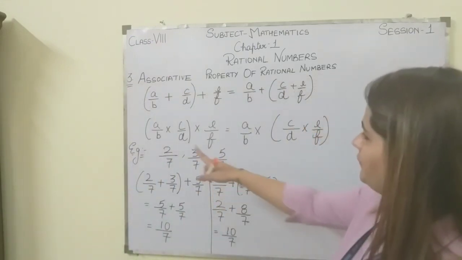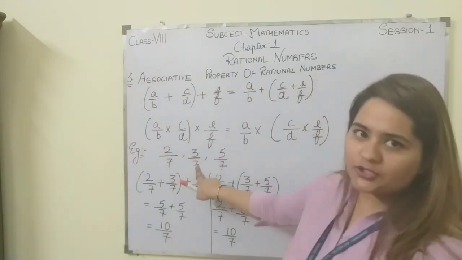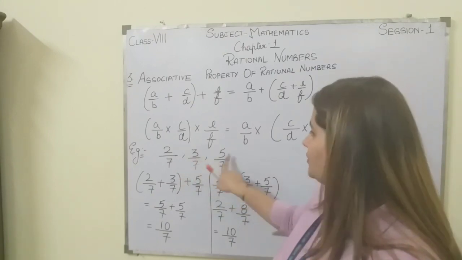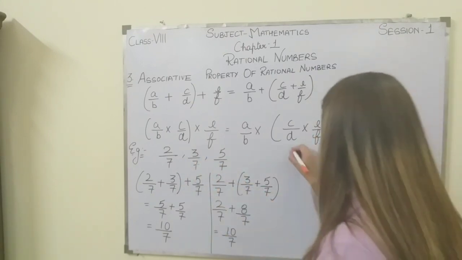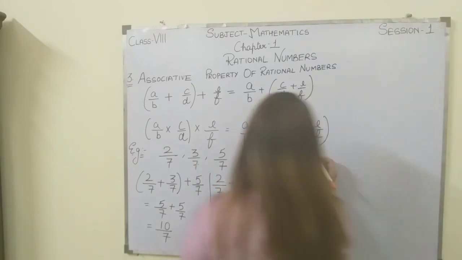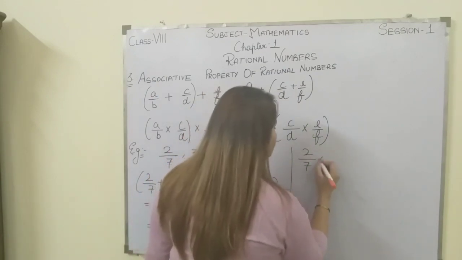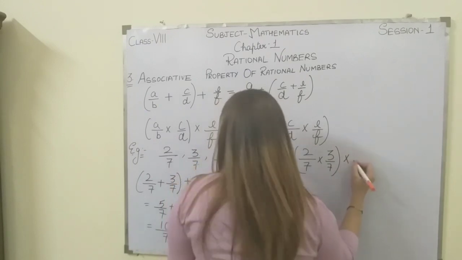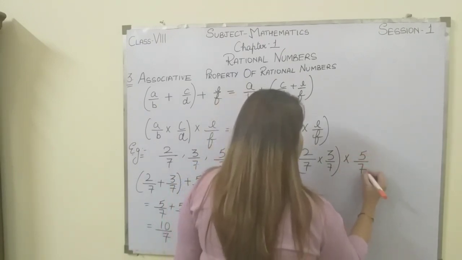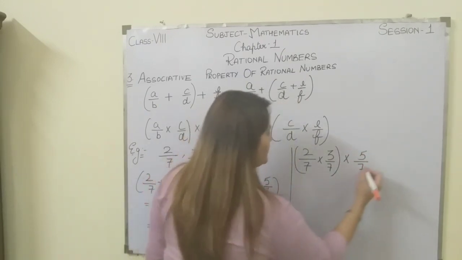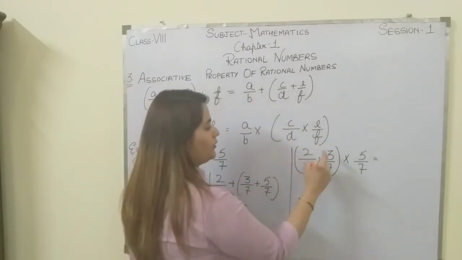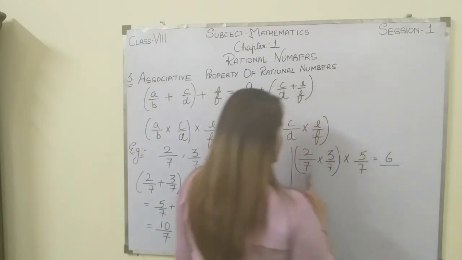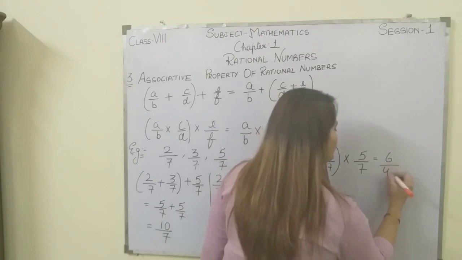So in multiplication, first we need to multiply these 2 rational numbers and its answer with the third one. So let's see. If I multiply 2 by 7 with 3 by 7 and its answer with 5 by 7, so this will be what? 2 into 3 is 6 and 7 into 7 is 49.